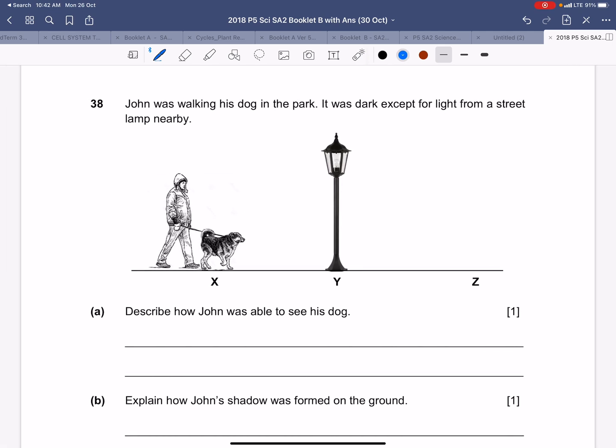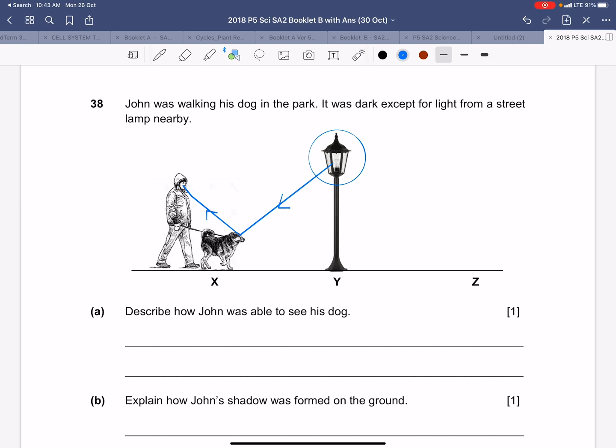John was walking his dog in a park. It was dark except for light from the street lamp nearby. Describe how John was able to see his dog. First, you have to understand how light rays work, how we are able to see things. Light will come from your light source, hit an object that you can see, bounce off the object, and then reflect into the eyes. That's how you're able to see the object.